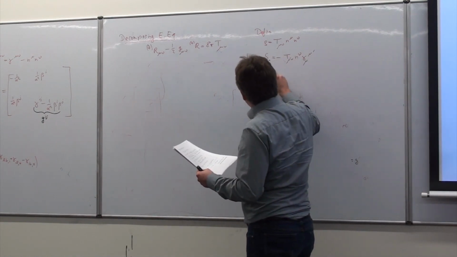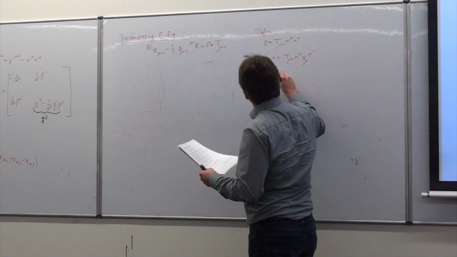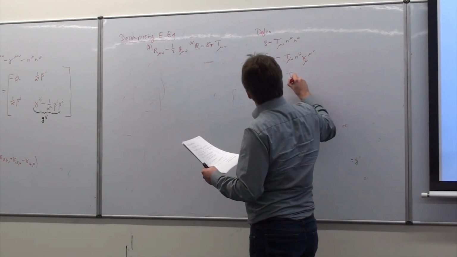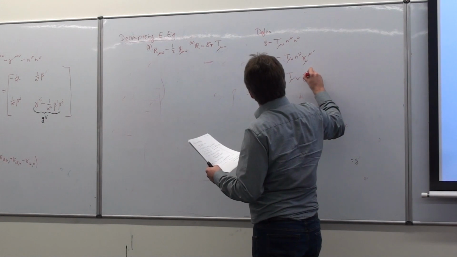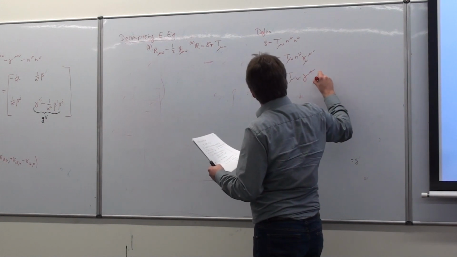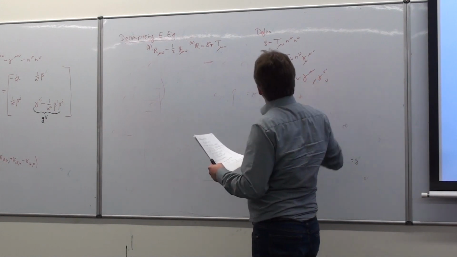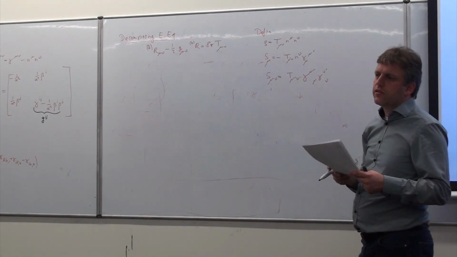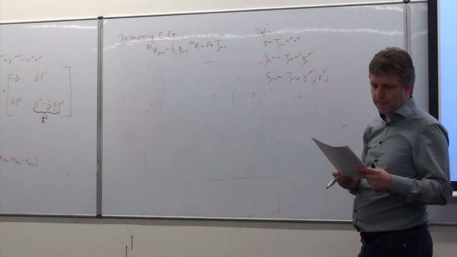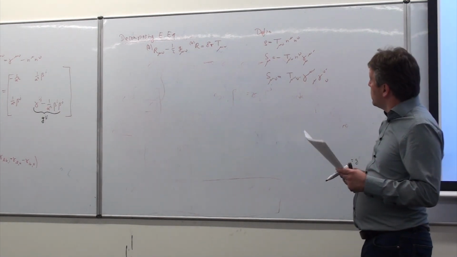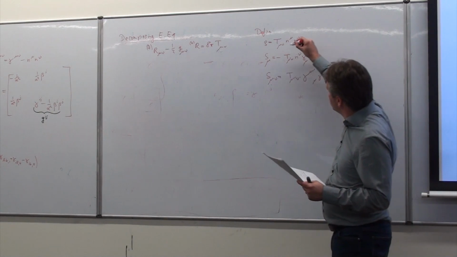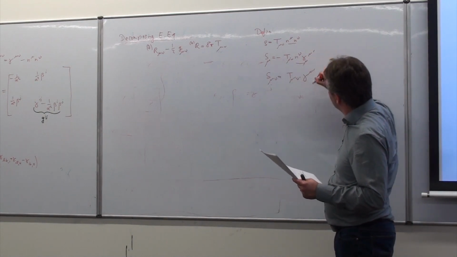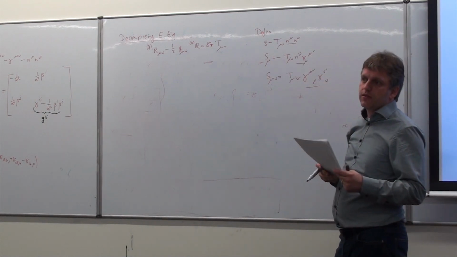And if you project twice with gamma, you get the spatial piece, the momentum flux. And now we can play the same game, taking projections of the Einstein equations themselves.